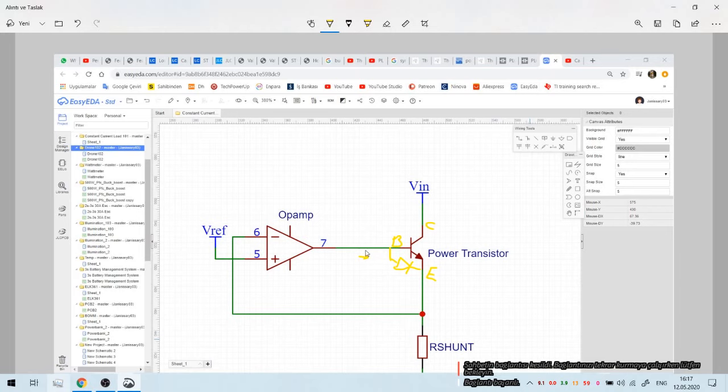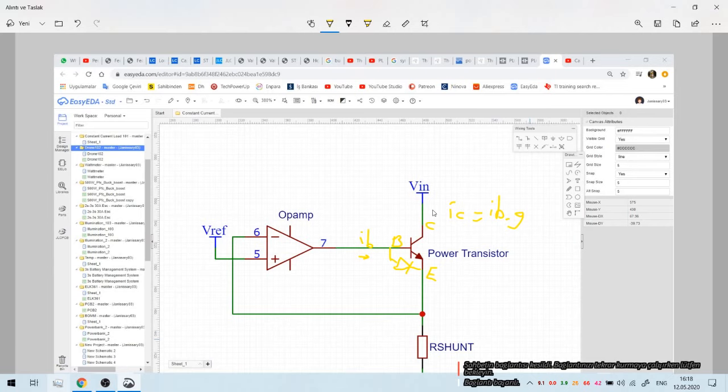if current of IB is flowing from base to emitter, IC, collector to emitter current, will be IB times G. Yes, it's basically like this.